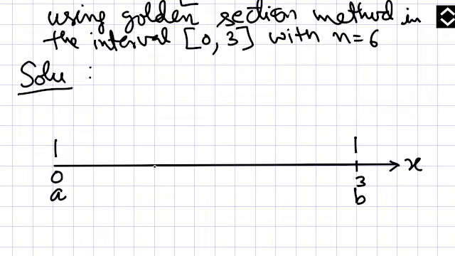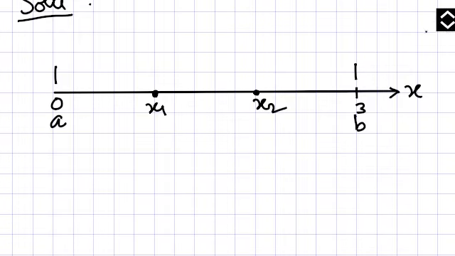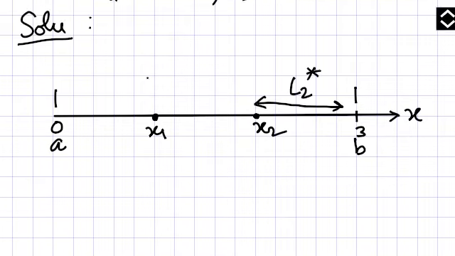In between these 2 points you have to take the first 2 points here, x1 and x2. This is the idea in these methods. So how do you decide the position of these? For deciding the position, here we have the formula, and as you already know, this distance is called L2 asterisk, and this whole distance is called L0.